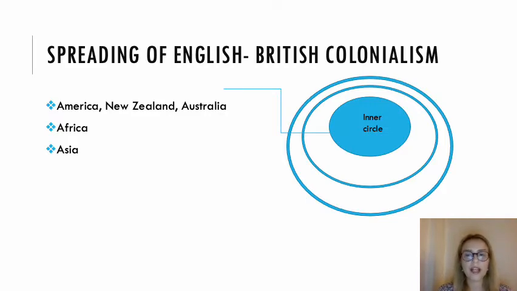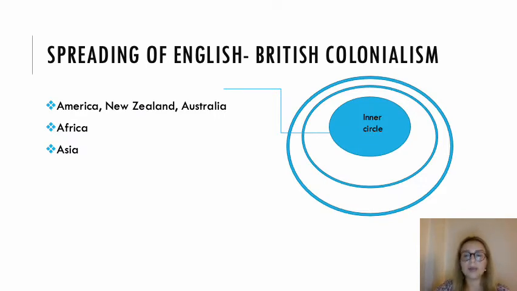First, English spread on a larger scale thanks to the migration of English speakers from England, Scotland, and Ireland to America, New Zealand and Australia. Because of this, the English language gradually developed into mother tongue varieties such as American English or Australian English.